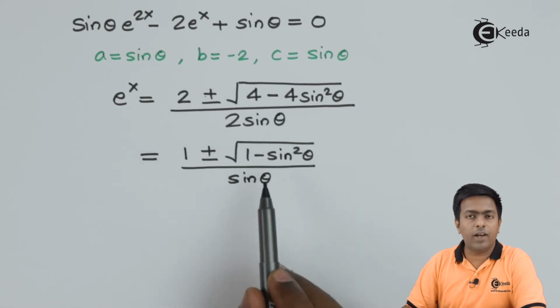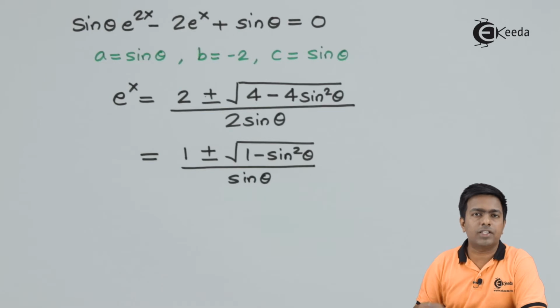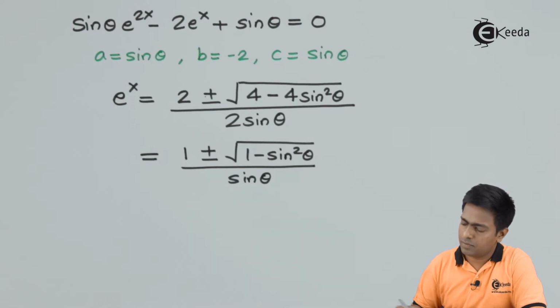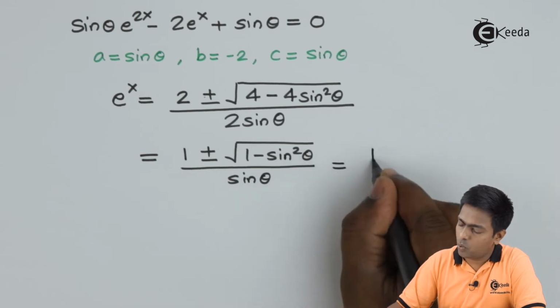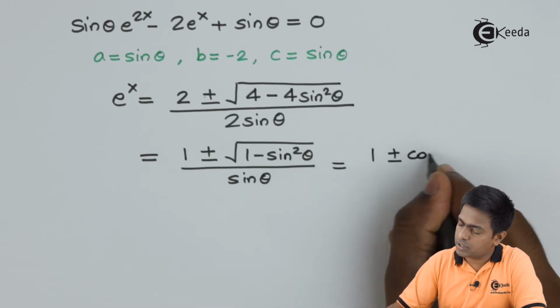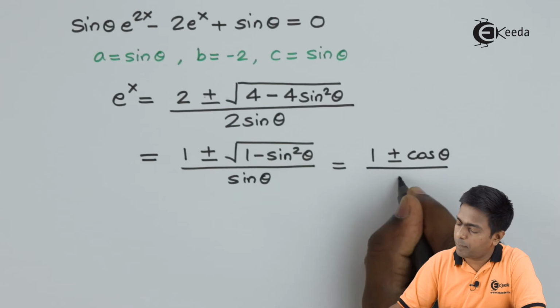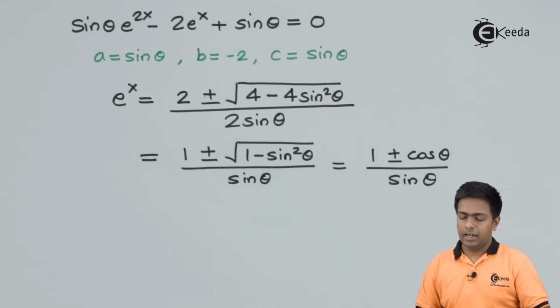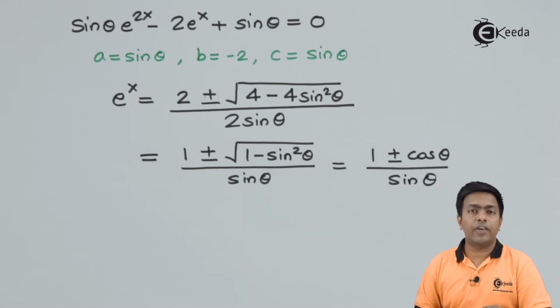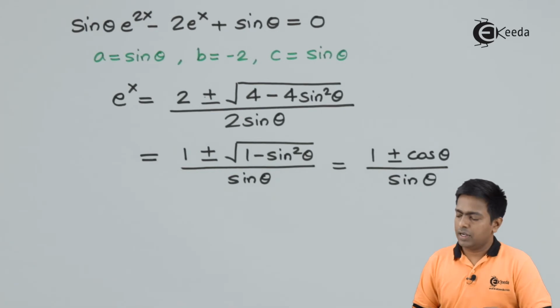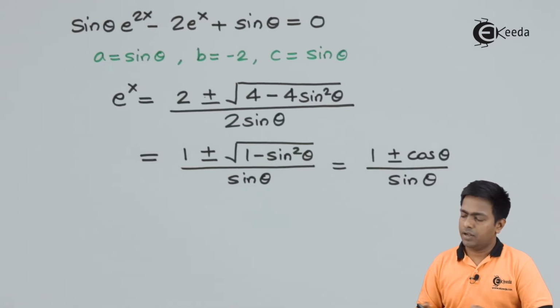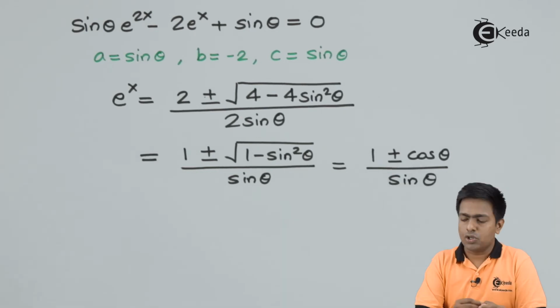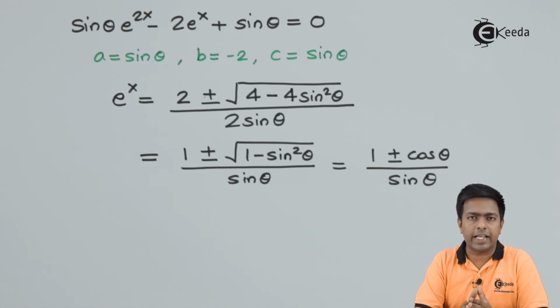Now, what is the value of 1 minus sin square theta? It is cos square theta. So root of cos square theta is cos theta. So it is 1 plus or minus cos theta upon sin theta. Now guys, this is the value of e to the power x. Now, to move ahead, we can't take both the values. We have to prove that the value of x is log of cot of theta upon 2.